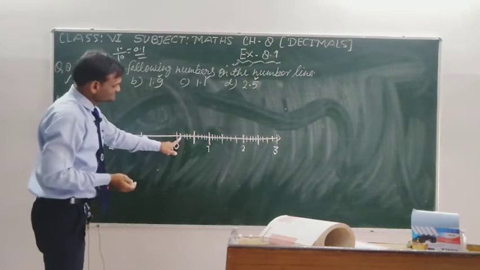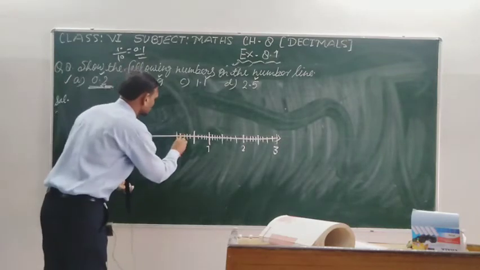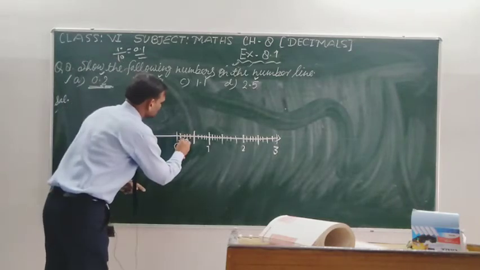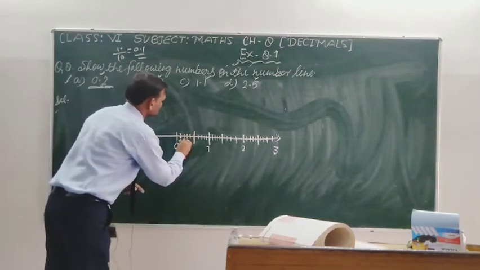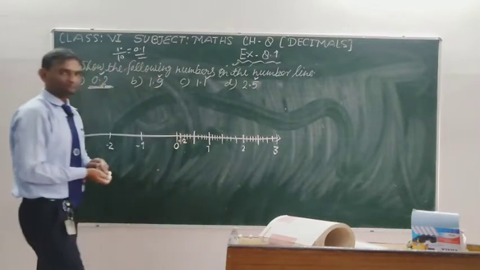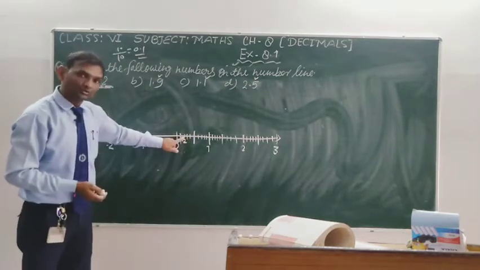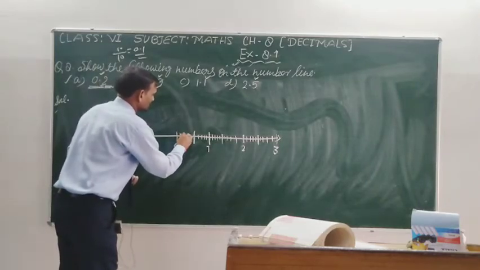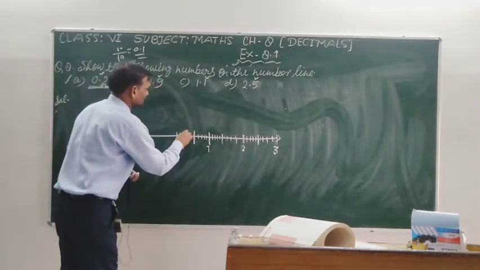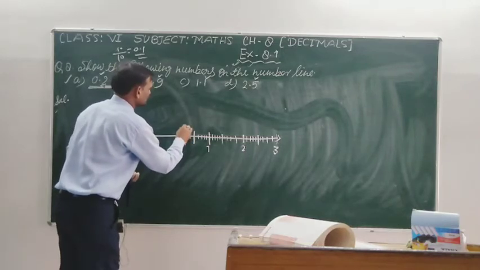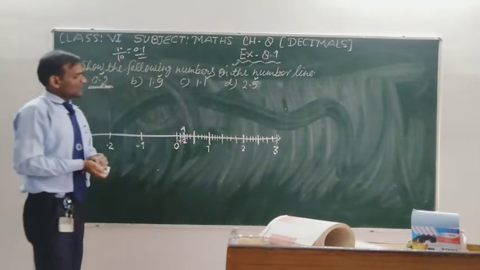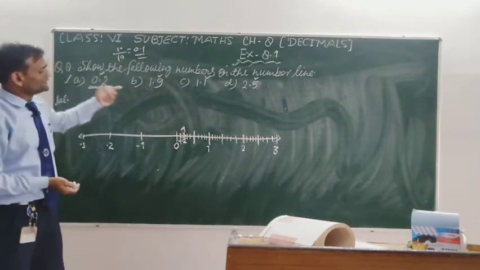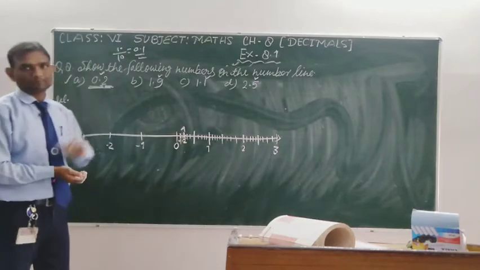This point shows 0.1, and this point 0.2. This part belongs to 0.2. You will write the name of this point, suppose A. Now you can say that point A shows 0.2 on the number line.